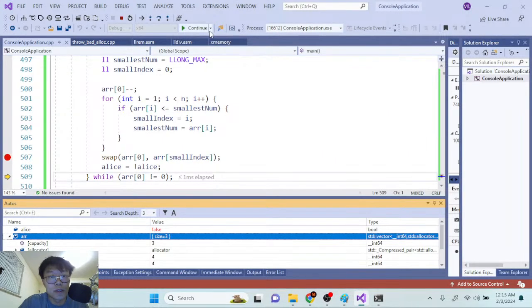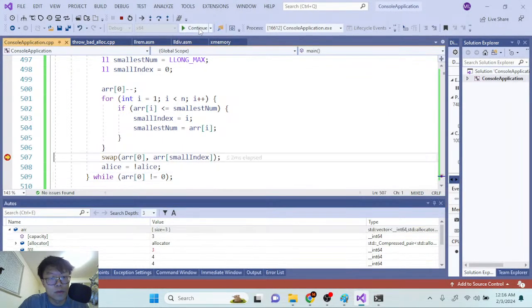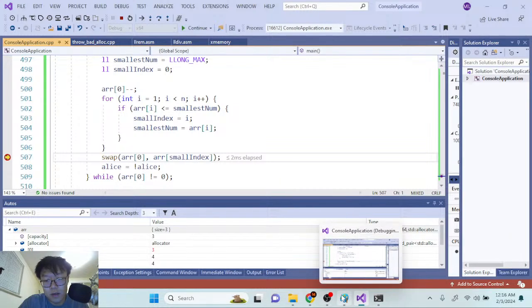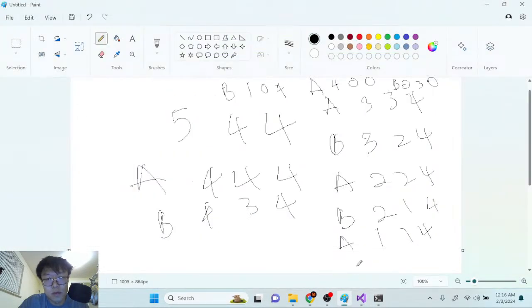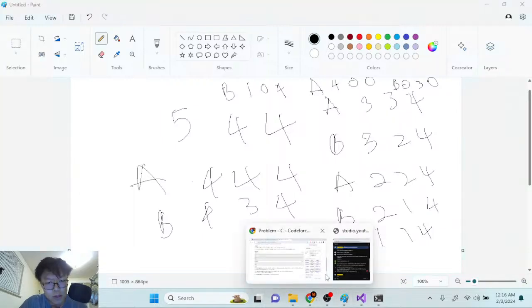Let's see if I can hit continue. 3, 4, 4. Oh, how's it 3, 4, 4? Minus 1. Swap it with the smallest number. 4, 3, 4. Oh, 3, 3, 4. It should be 3, 3, 4. What is mine giving me?